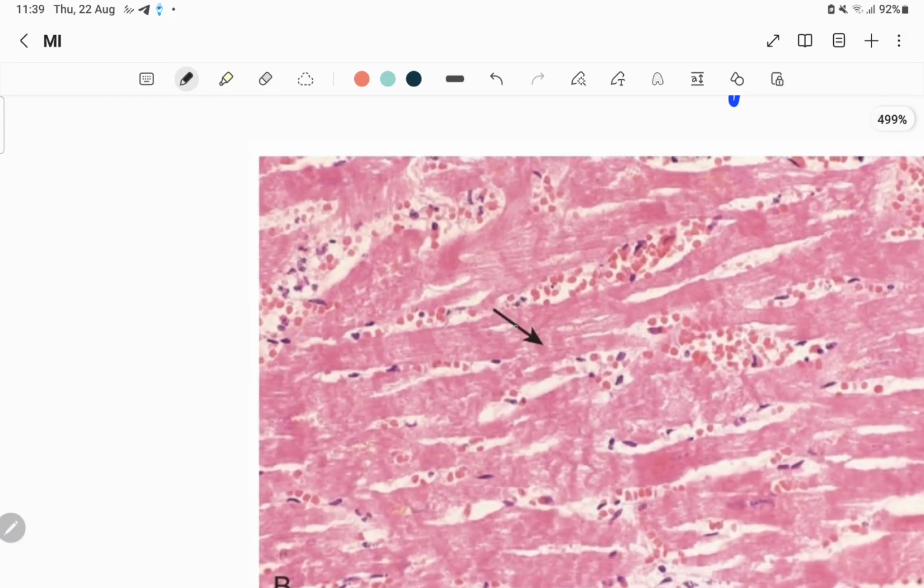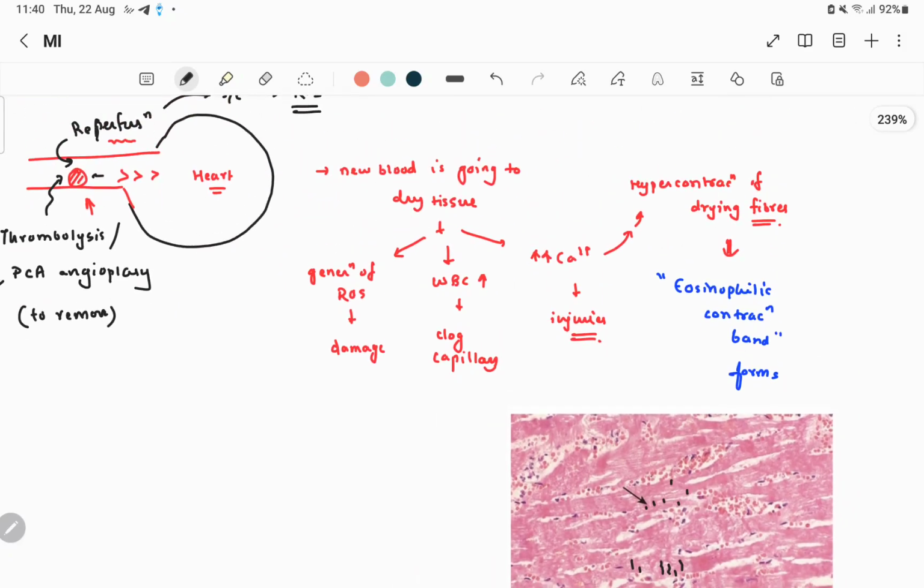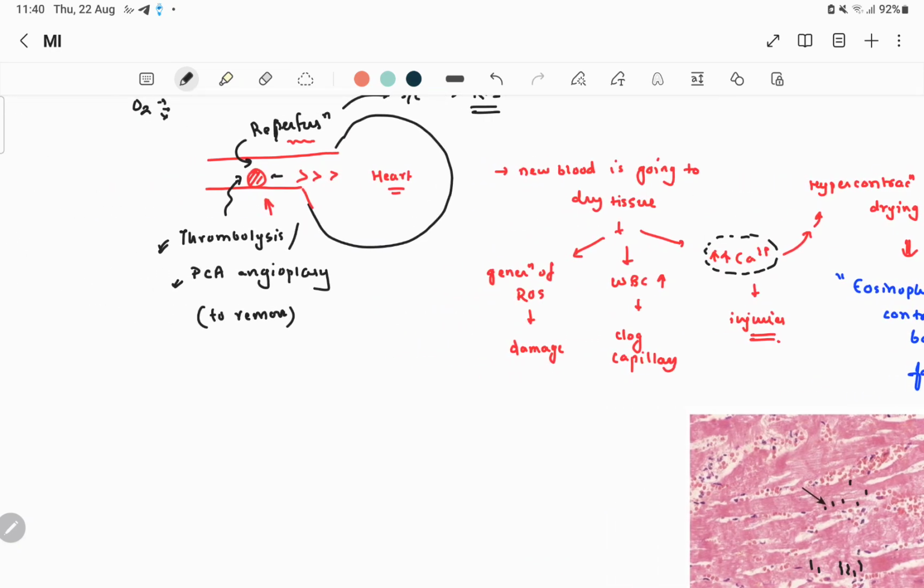Look at this part, the arrow. You can see a darker portion here, right? This one, this one, this one. Many small bands you can observe like this. So these are the reperfusion bands due to the hypercontractile state and increased calcium seen in reperfusion injury, right? And those were the things which you have to know.